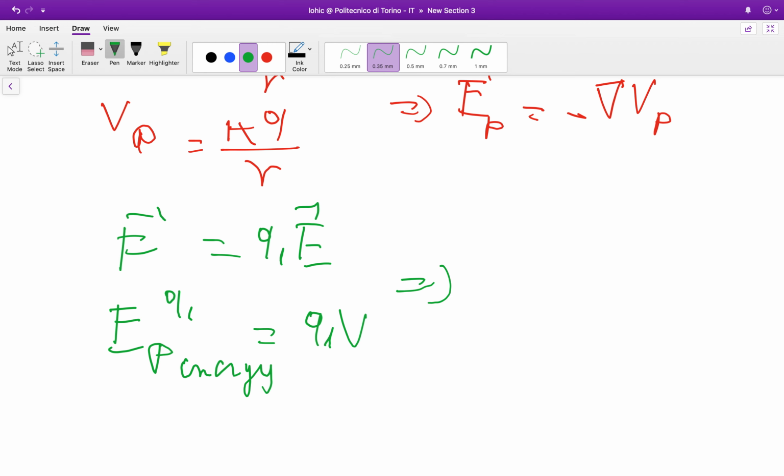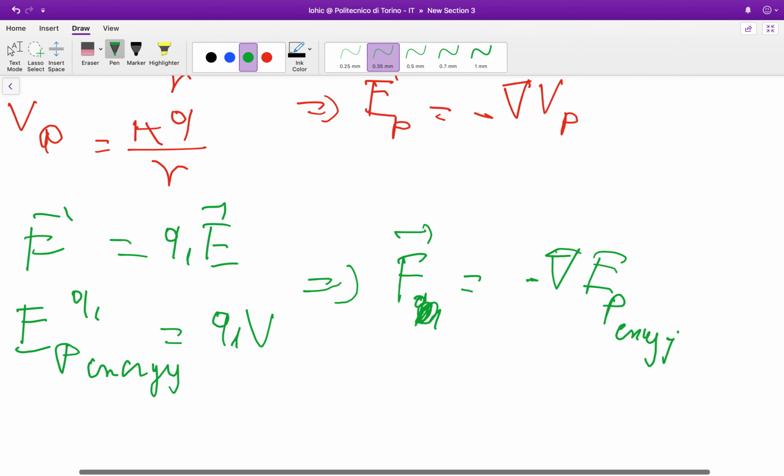From these two relationships we also saw that the force at any point is equal to minus the gradient of the electric potential energy at any point.